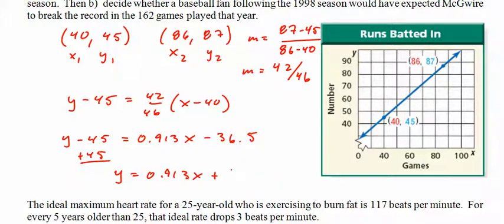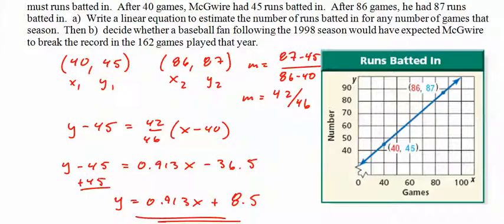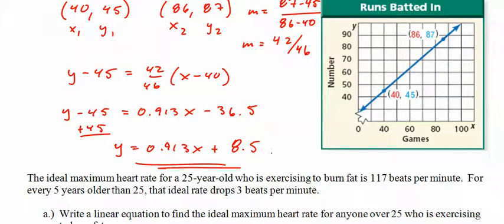Hit the wrong button on my calculator, which is why you have to be smart enough to recognize these things. Now, if we put in the number of games, I feel like I did all this wrong. No, games and runs batted in. 162, and blast this out. For 162, he will knock in 156 RBIs.